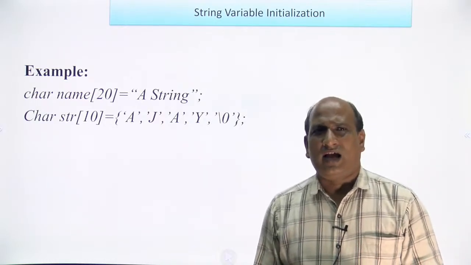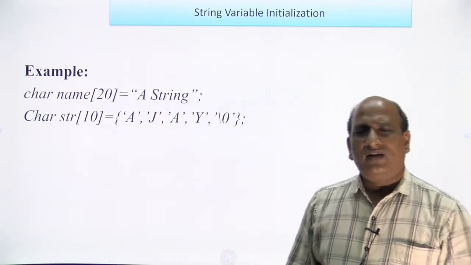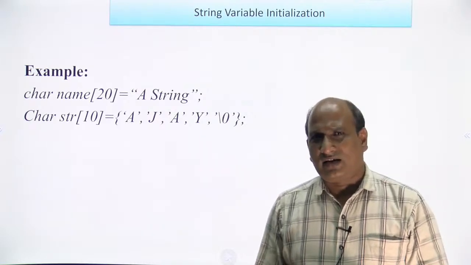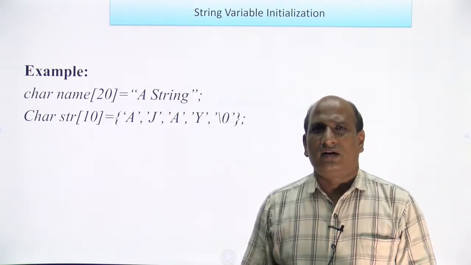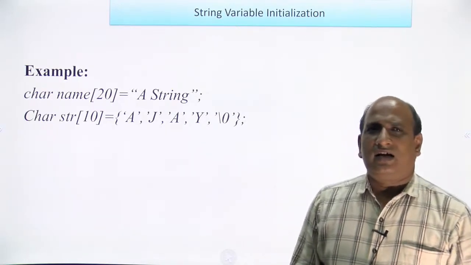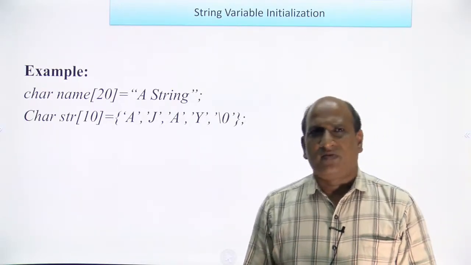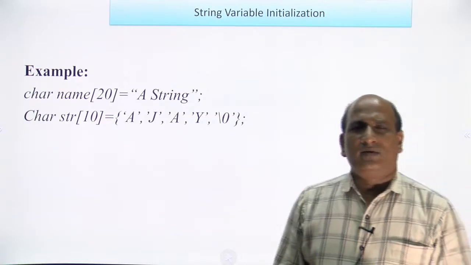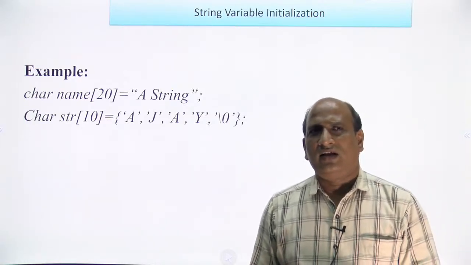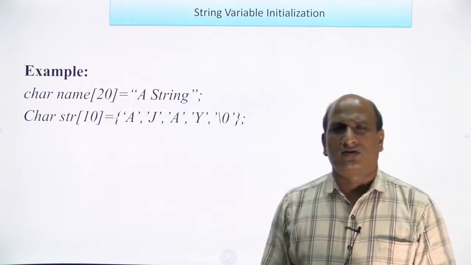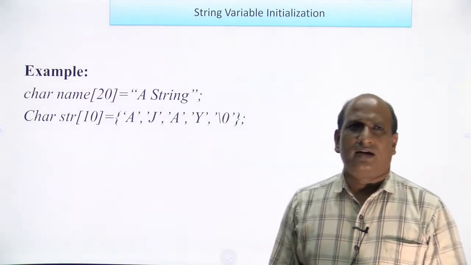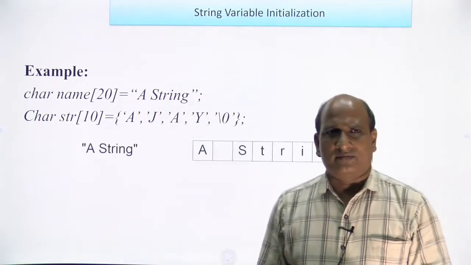One thing has to be noted: whenever we store a string in a character type array, the compiler automatically stores a null character at the end of the string in C. So if I have stored AJAY, it will automatically store the null character, also called the \0 character, at the end of this array.